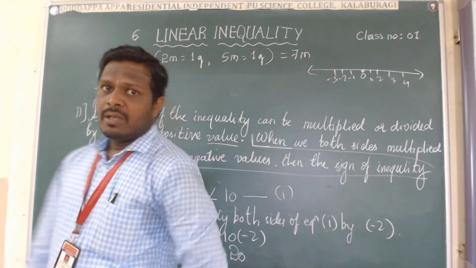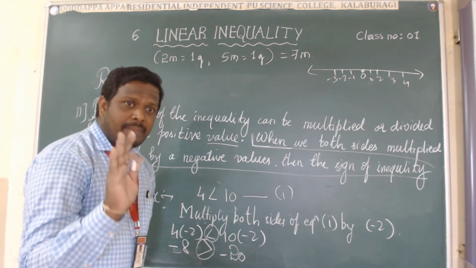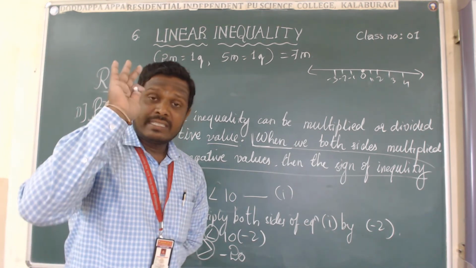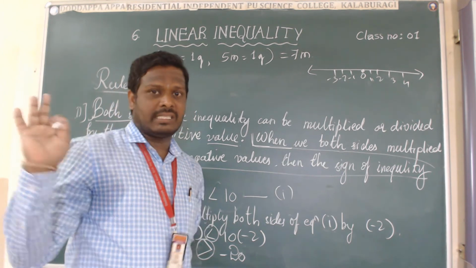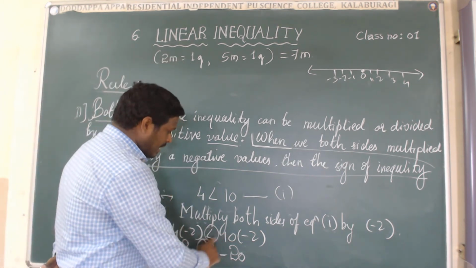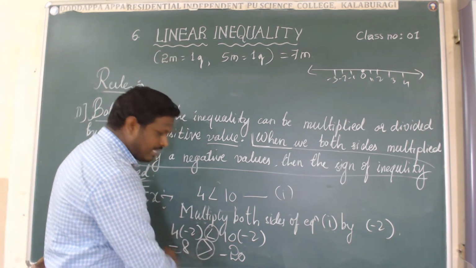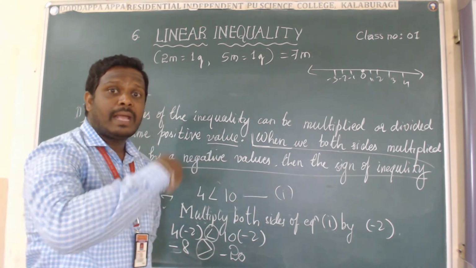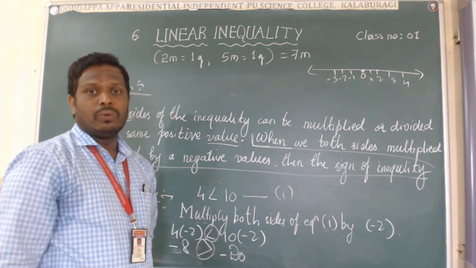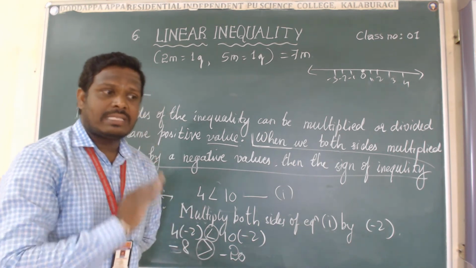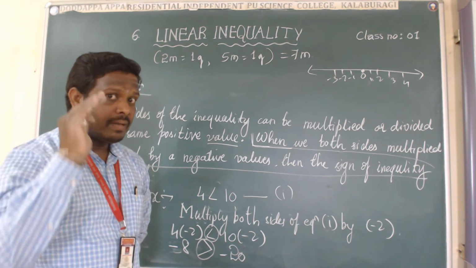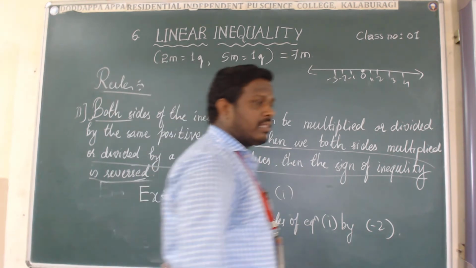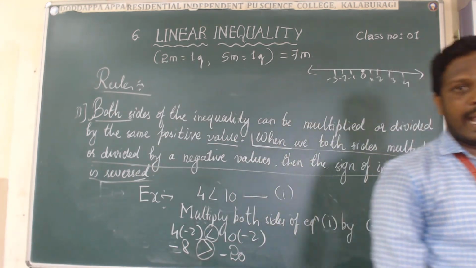When we multiply both sides of the given inequality by a negative value, the sign of inequality will reverse. If it is greater than, less than will come; if it is less than, the greater than symbol will come in the last step after multiplying both sides by the negative value. This is the important point when we solve the coming examples in the exercise.